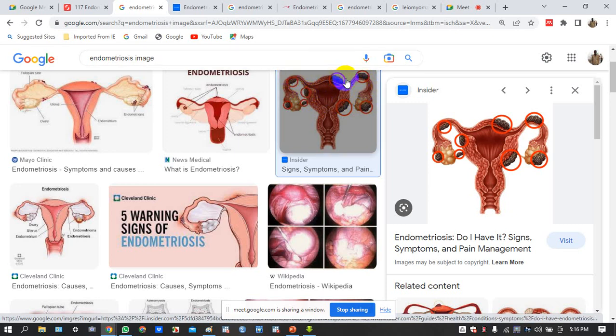So some can even travel and go and attach to the liver and other vital organs like the kidney. So this is supposed to support the fetus, but it is now going about traveling all around. And this is the condition we call endometriosis. It's a serious condition. Okay, so let's go back to our lecture slides.